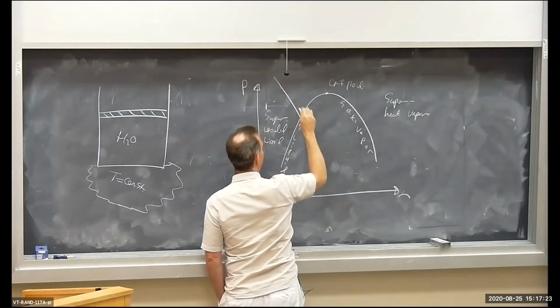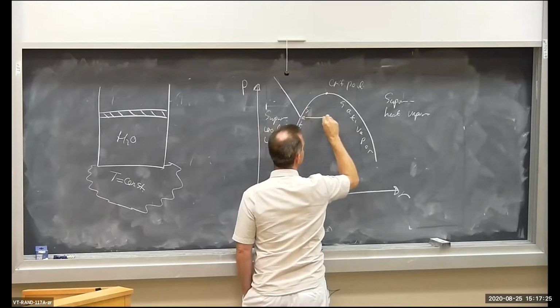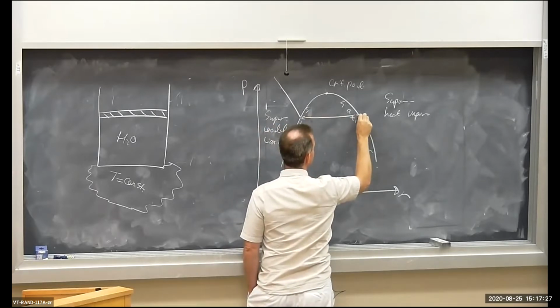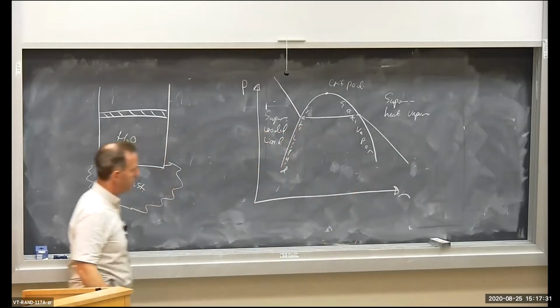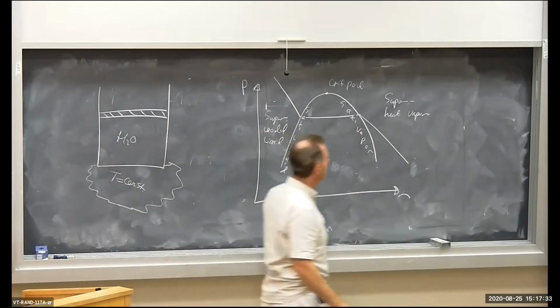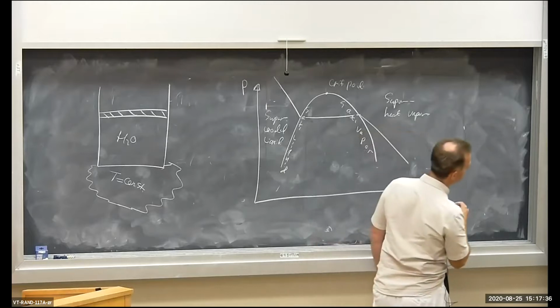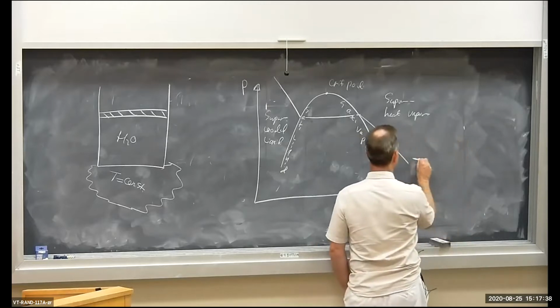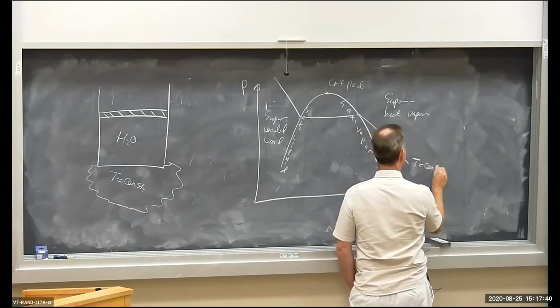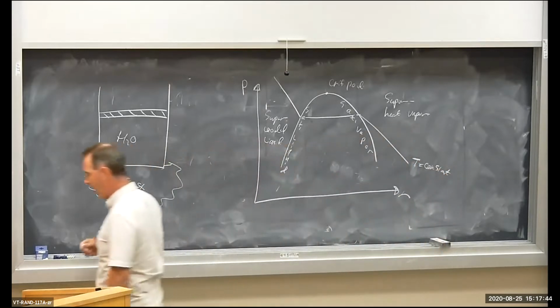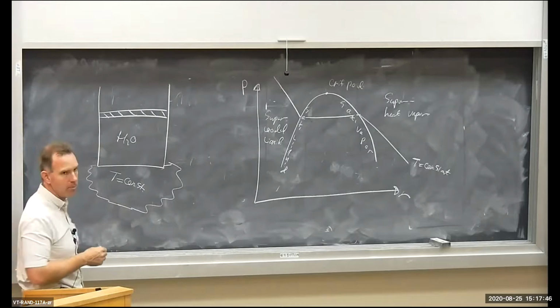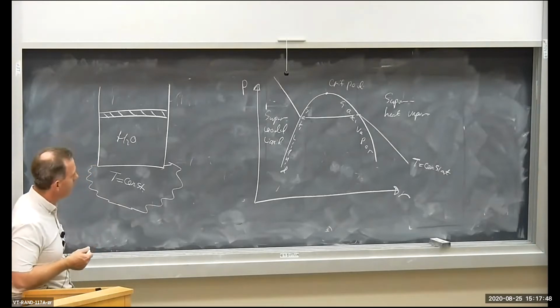It's going to be down on the left, horizontal in the middle, and downward sloping in the superheated vapor region. So this is T equals constant, my isotherm. That's what the isotherm looks like on the PV diagram.